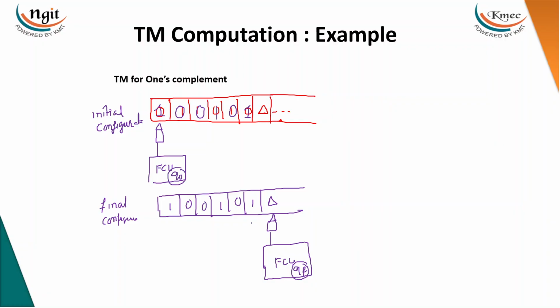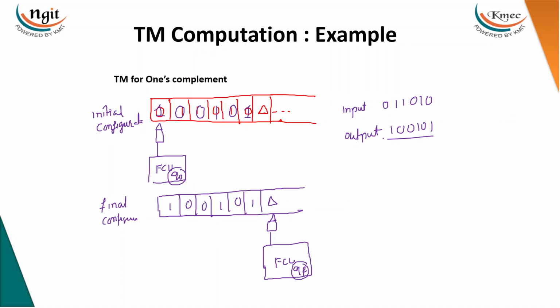So it moved to the end and to the final state. This is the output we got. The input string we gave is 0 1 1 0 1 0, and the output we got is 1 0 0 1 0 1.